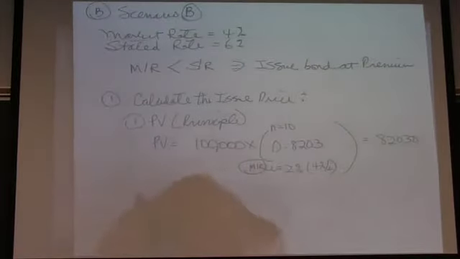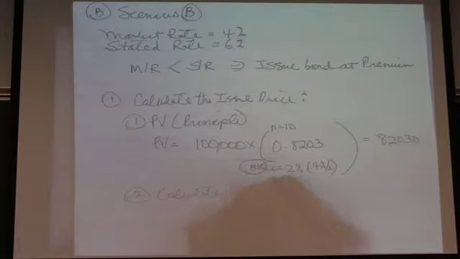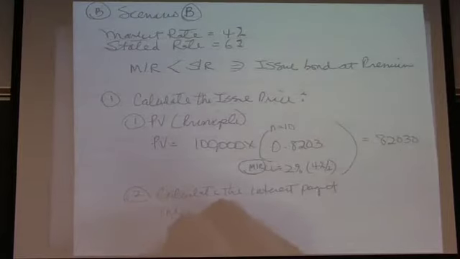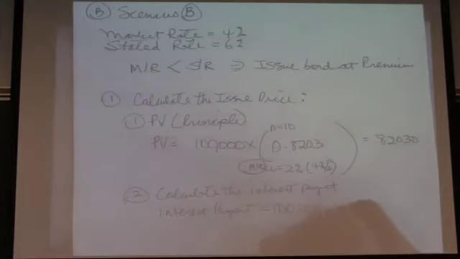The second step is to calculate the interest payment. And that will always be the same, right? It's always the stated rate. So interest payment equals 100,000 times the stated rate, which is, in this case, 6% times 1/2, which is 3,000.